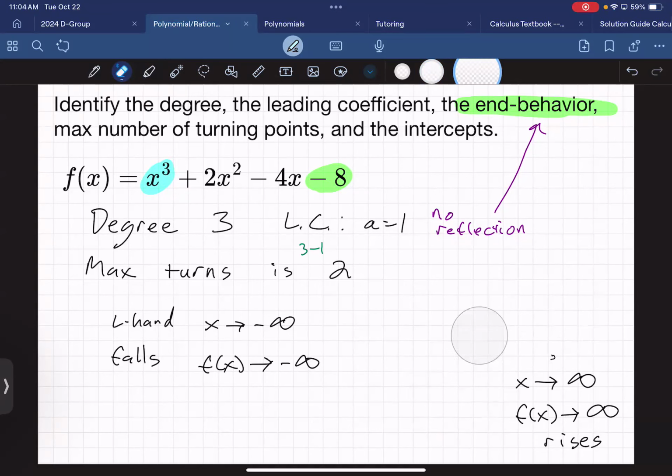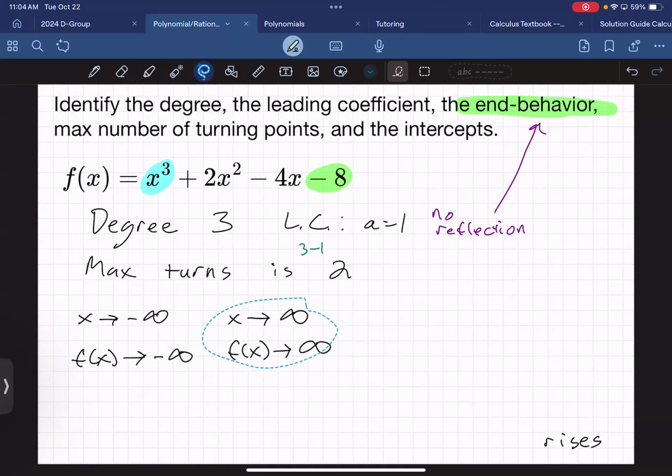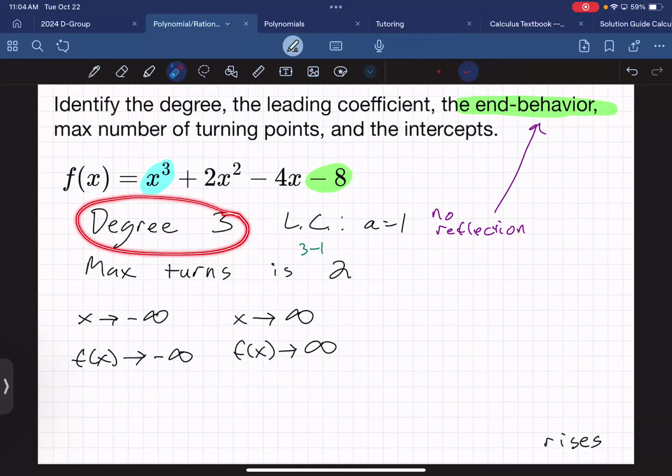Now, make sure you see here the two sides. Are they doing the same thing? They're different, right? How could we know they were different from the beginning? Not the negative. The degree, right? Anytime the degree is odd, you should see different behavior.